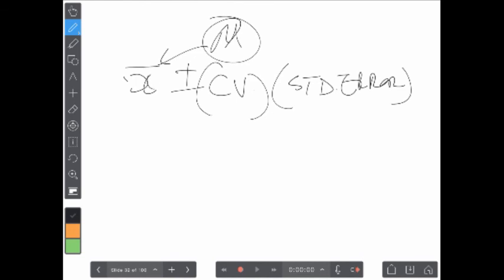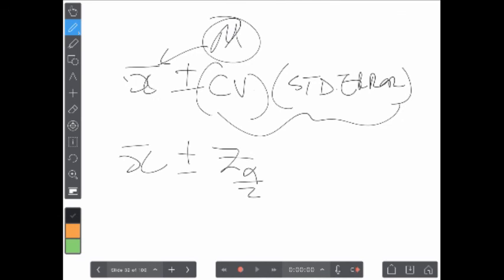So our point estimate, plus or minus the critical value times the standard error. If sigma is known, the sampling distribution is normal. That's where our critical value comes from. And we say Z alpha over 2 because alpha is a significance level, and that significance level is in the tails.